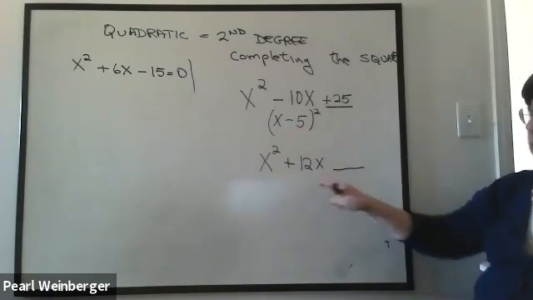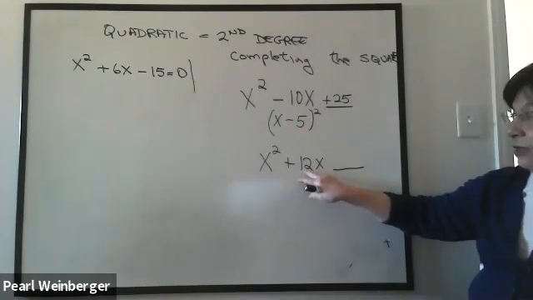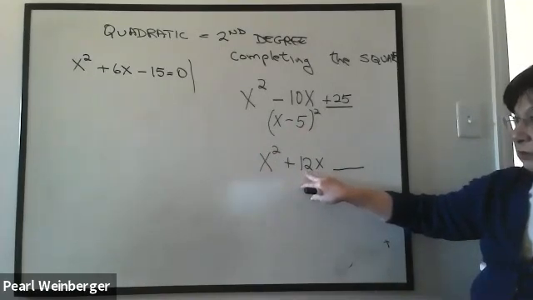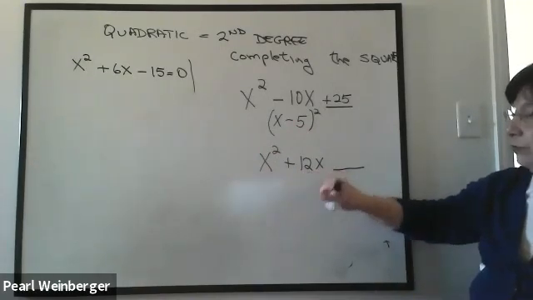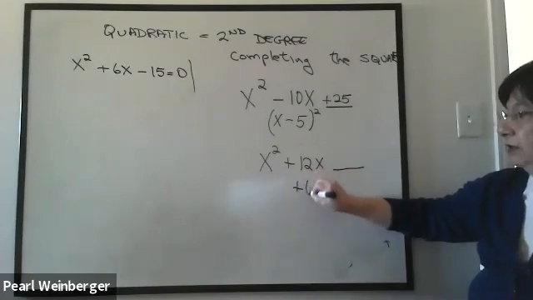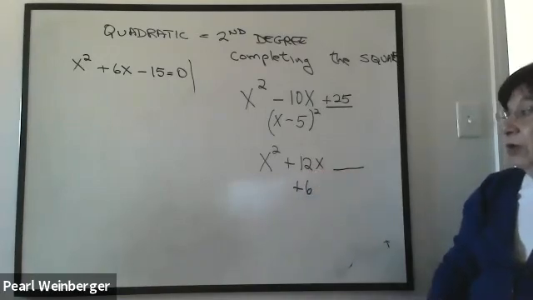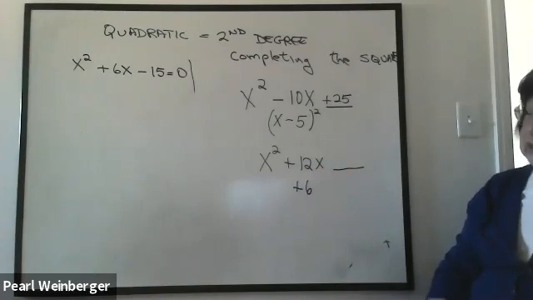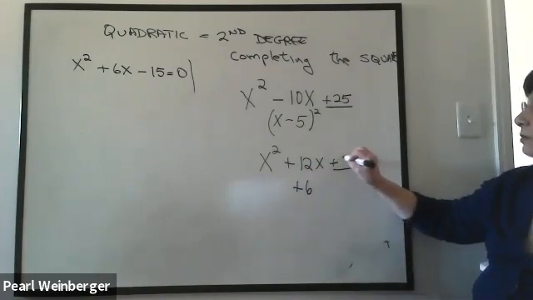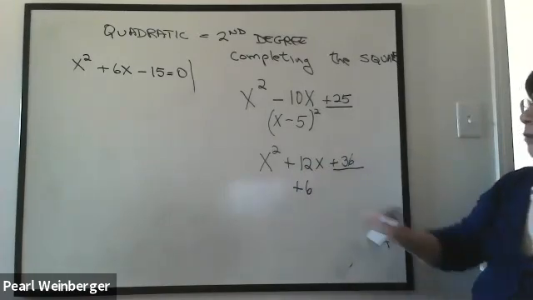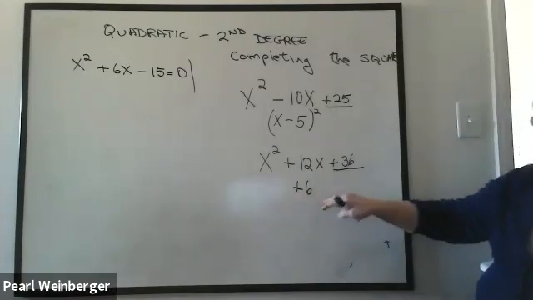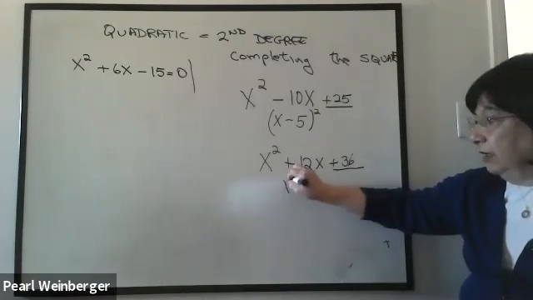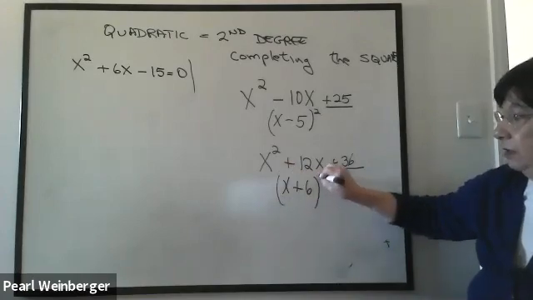So again, let's go through the steps. Take the number in front of the x and divide it by 2. That'll give me plus 6. Then multiply that number by itself. 6 times 6, that gives me plus 36. And what is this in factored form? It's the x plus 6 squared.